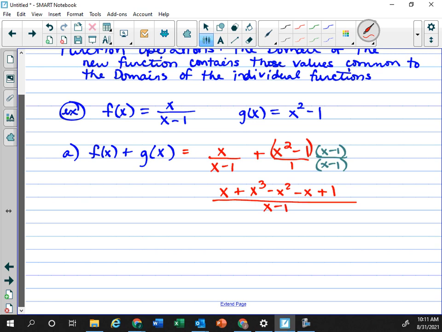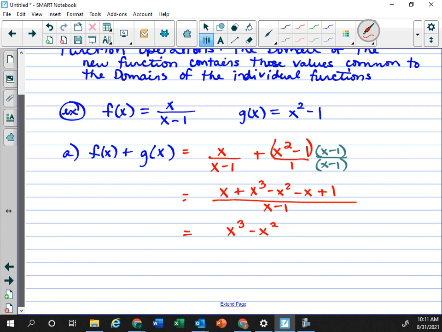Are you guys okay with me doing that in one step? They've got a common denominator, so I can put them all in one fraction. We okay there? All right. I know you might have some rusty algebra skills here, so let me know if I lose you on a step anywhere. So my final answer, I'm going to combine my like terms, so I'll have x cubed minus x squared.